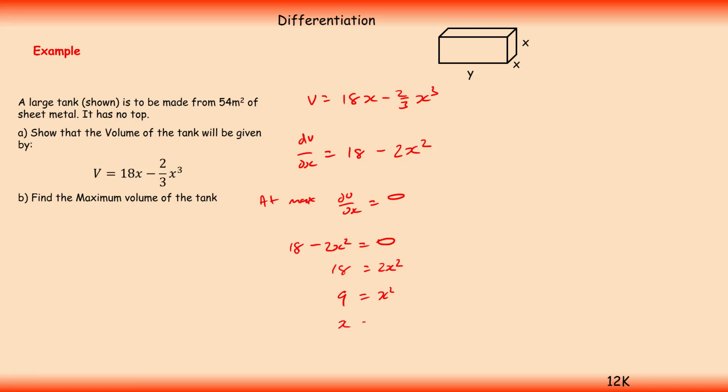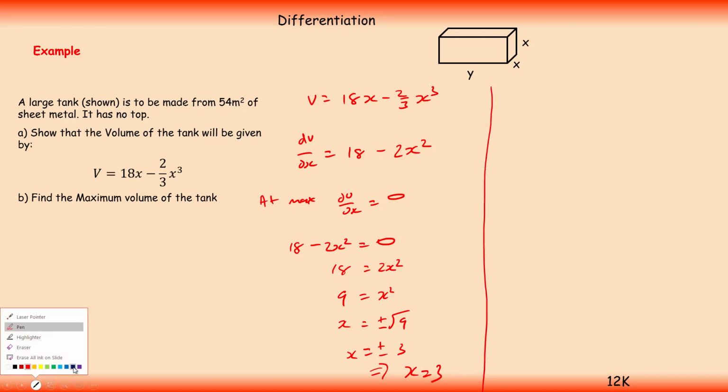So that means x is equal to plus or minus the square root of 9, which is plus or minus 3. In this instance, x is going to be positive. We can't have a negative value for x. So this implies then x is equal to 3. We can now find the maximum volume.